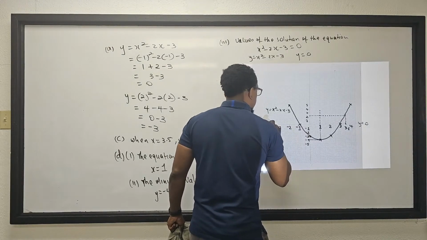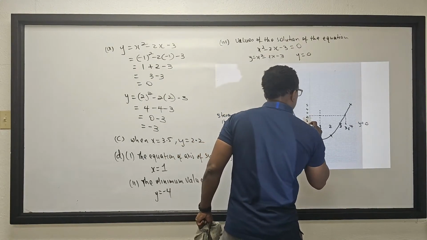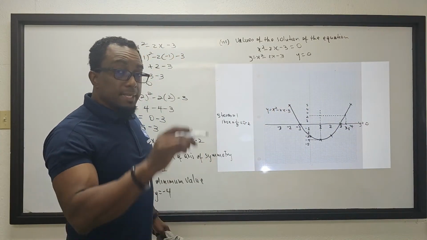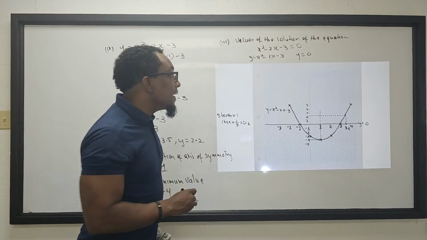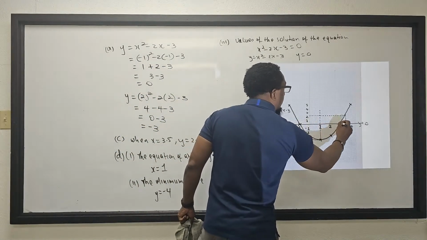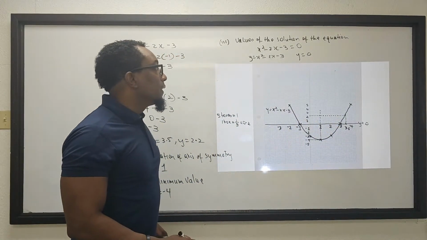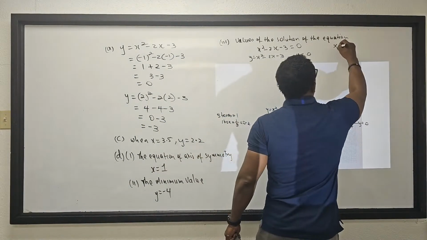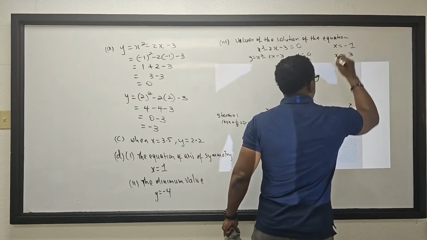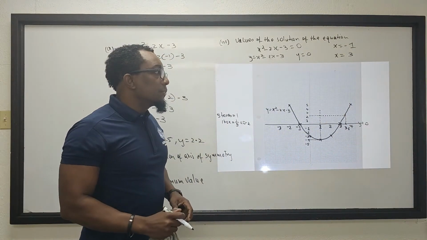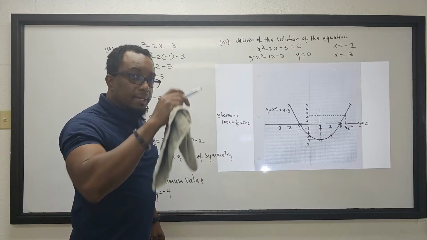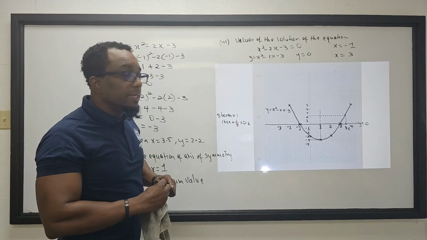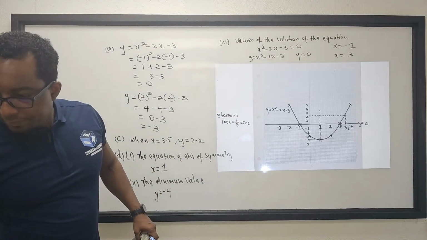They meet at 2 points, here and here. So the solution of the equation will be x is equal to -1 and x is equal to 3. That's where the x-axis and the quadratic curve meet at 2 points, and that will be the solution of the equation. Alright?